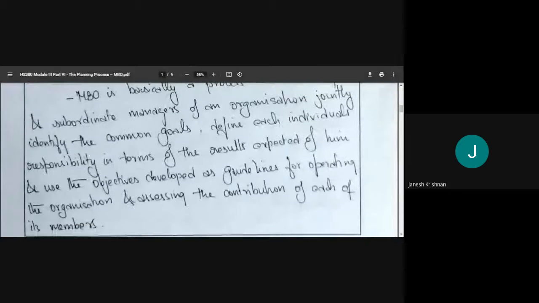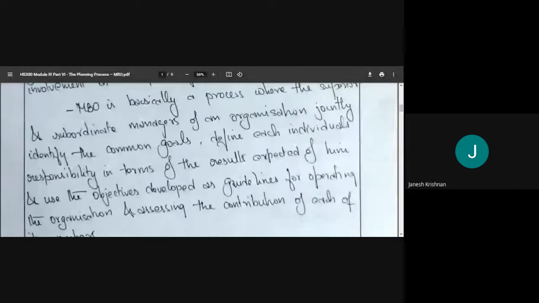It is not that top management says you have to do this. The manager and the employee together form the goals.